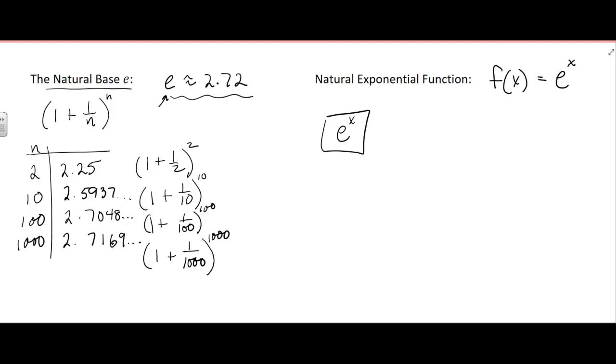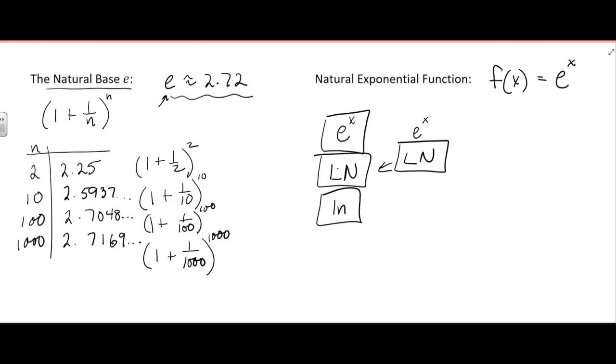Mine is right above the ln. Some calculators it might be written in lowercase. So look for one of those buttons. Okay, they'll be related to each other.